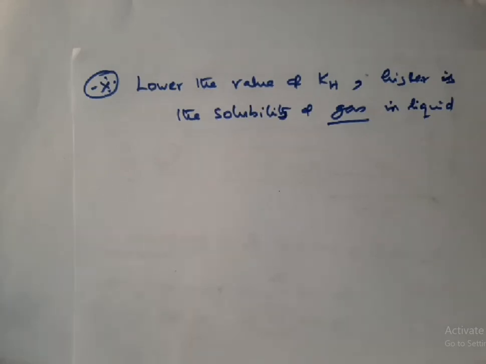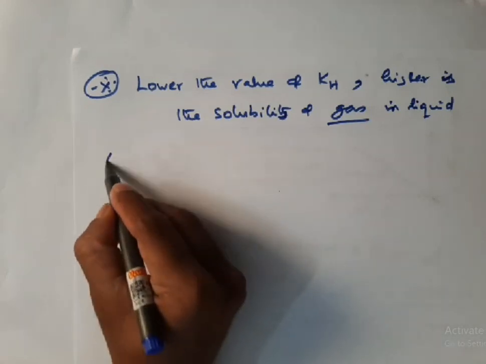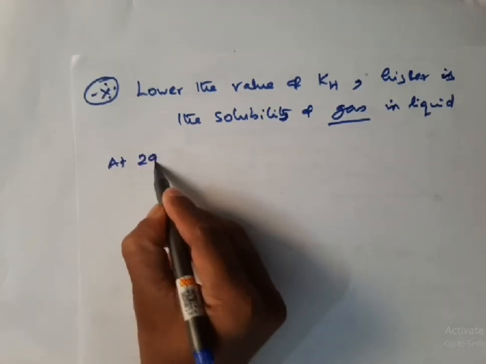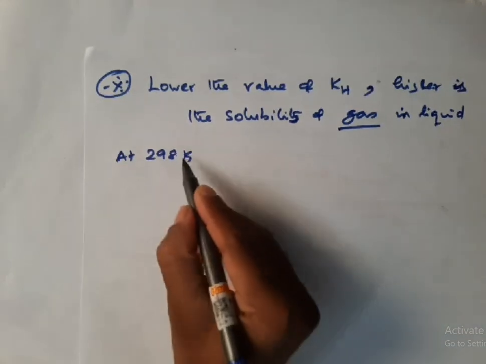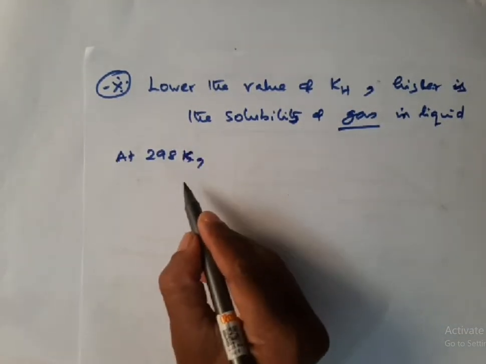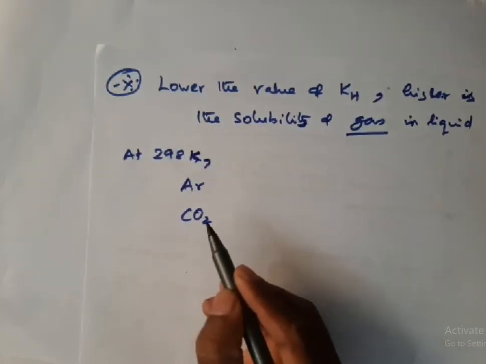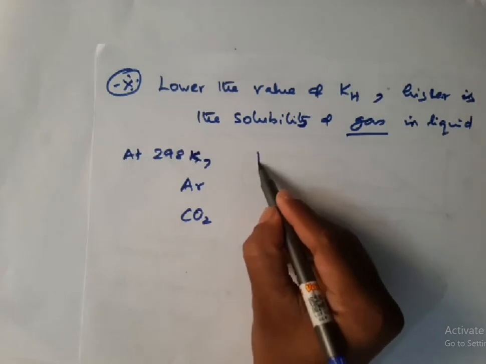Now let me ask a question based on this. Say at 298 Kelvin, students observe this carefully, I'll take two gases, argon gas and carbon dioxide gas.